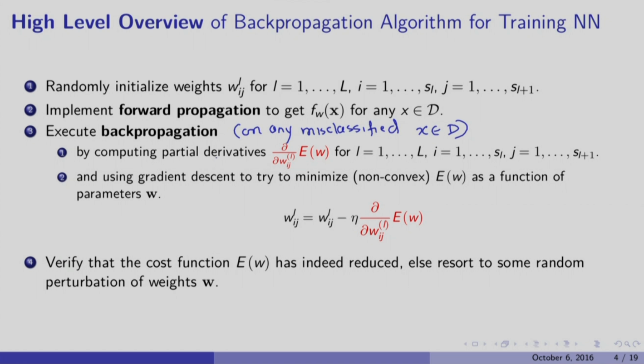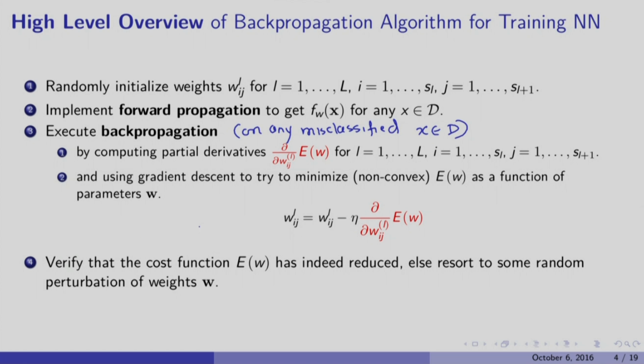The backpropagation is by computing partial derivatives on every weight Wij. The partial derivative is computed for the error function E(W), and one uses gradient descent to minimize the non-convex E(W) as a function of parameters W, and with that intent updates the weight parameters.